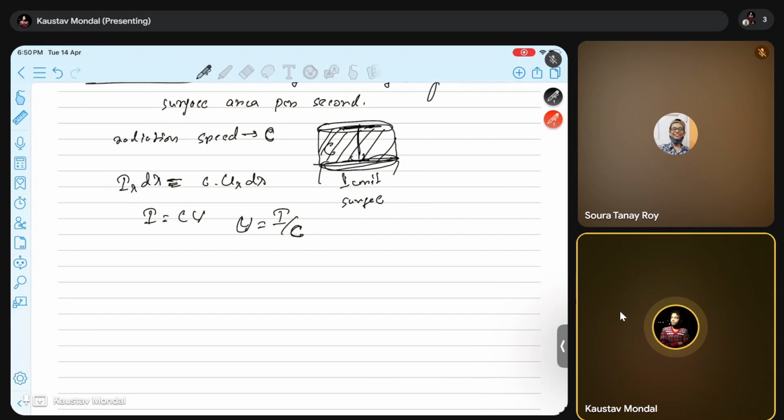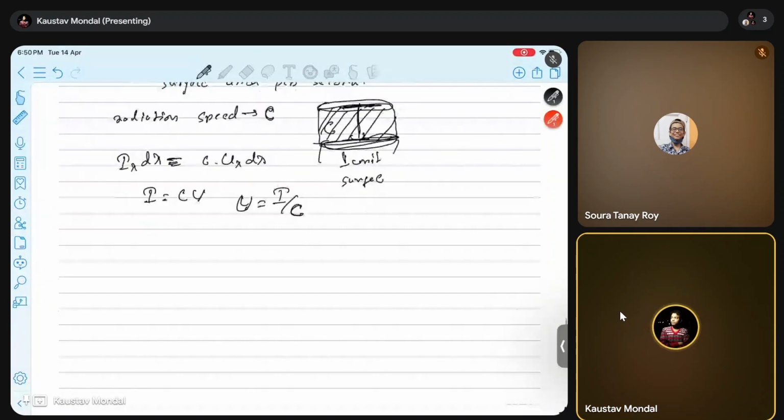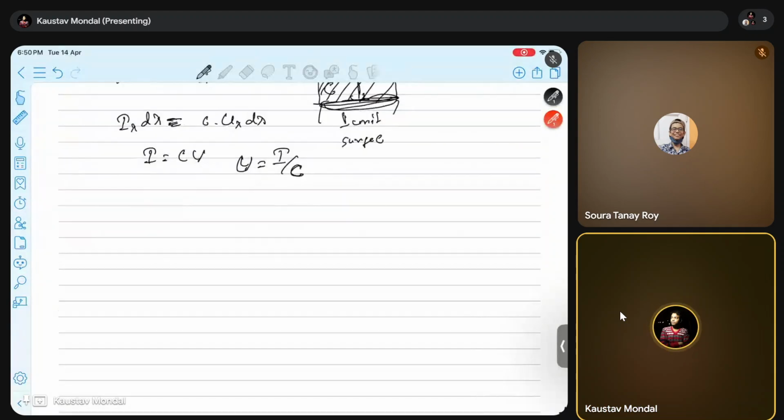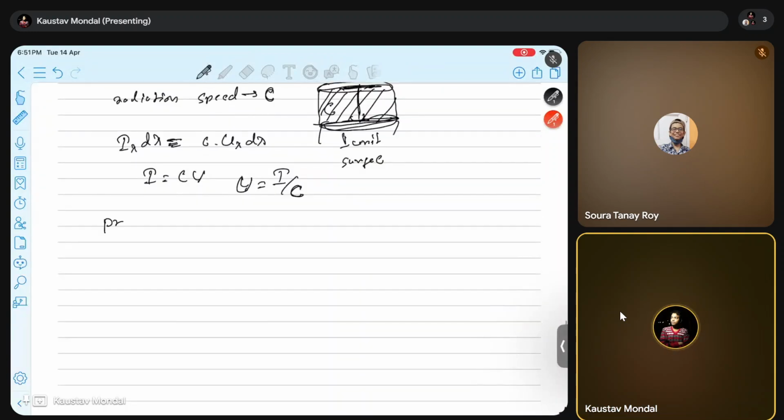And similarly, from this formula you can also calculate the pressure of the radiation. The pressure of radiation expression is also the same as the energy density. All of these are for directional radiation, not for diffusive radiation.